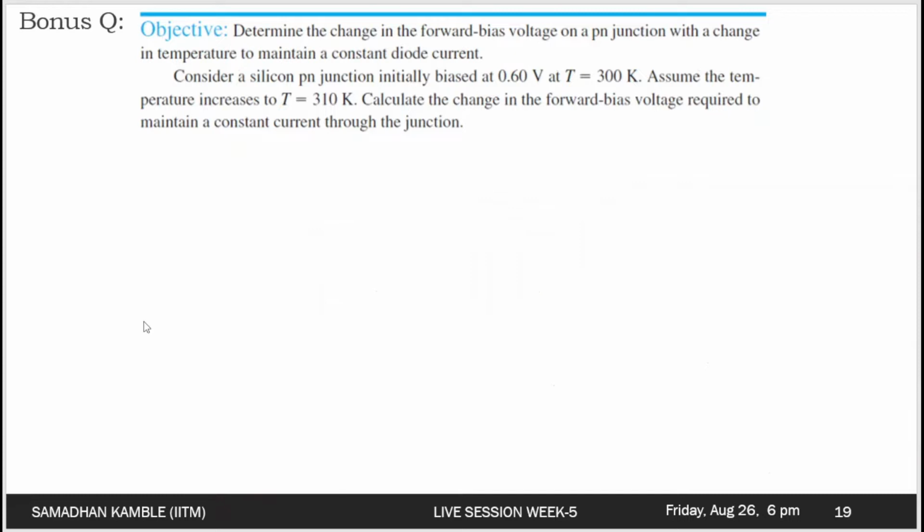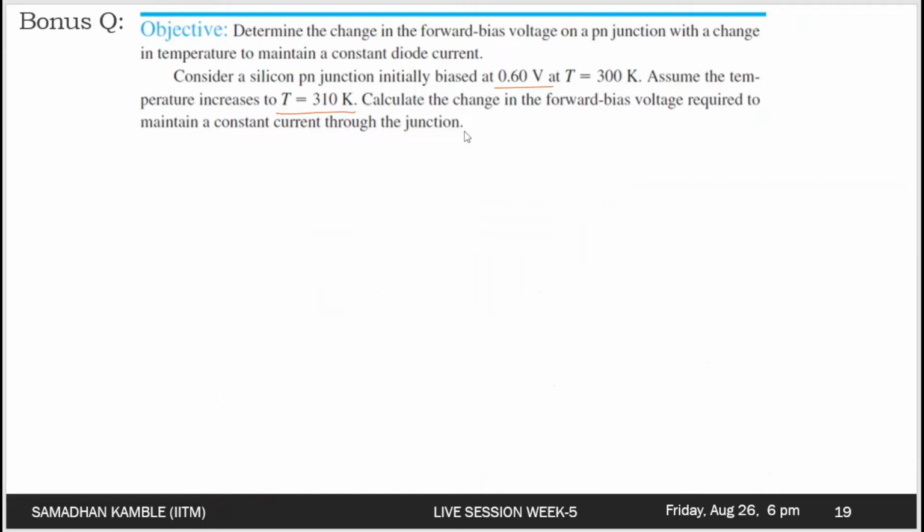Consider a silicon PN junction initially biased at 0.6 volt at T equal to 300 Kelvin. Assume the temperature increases to T equal to 310 Kelvin. Now calculate the change in the forward bias voltage required to maintain a constant current through the junction.